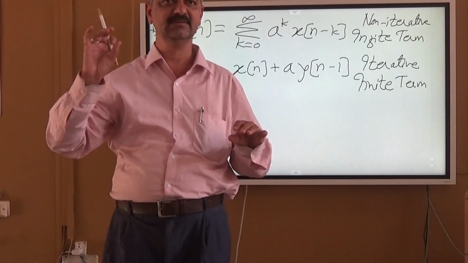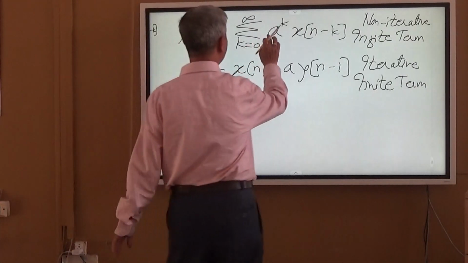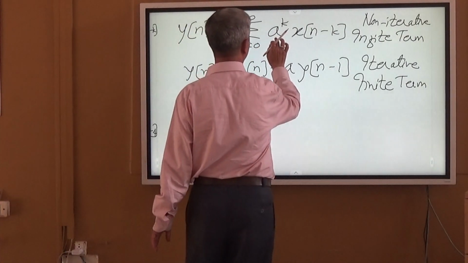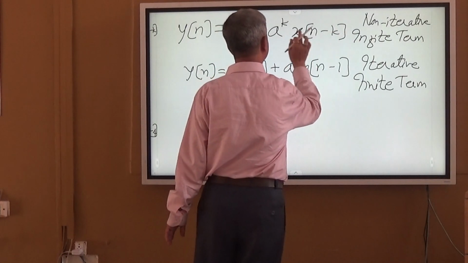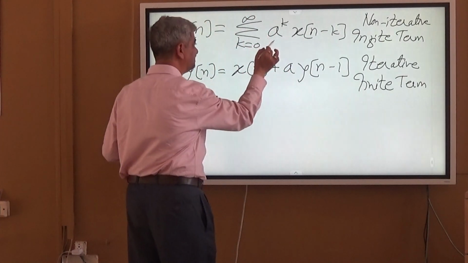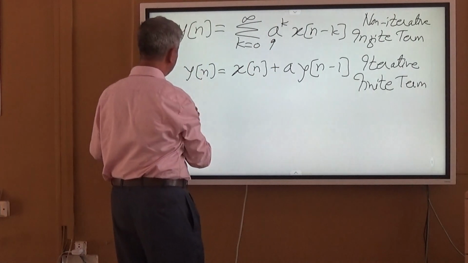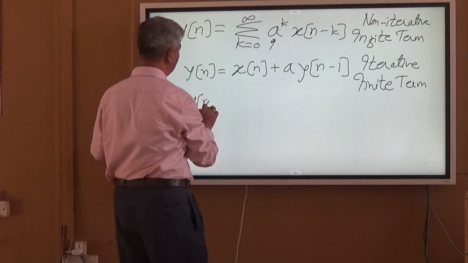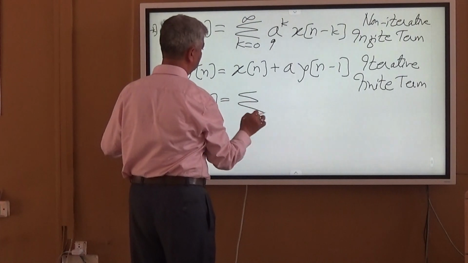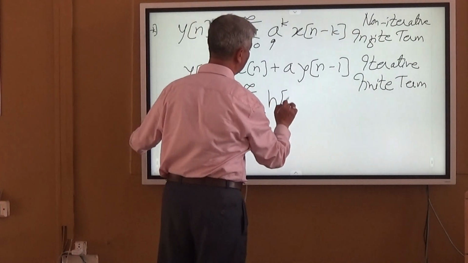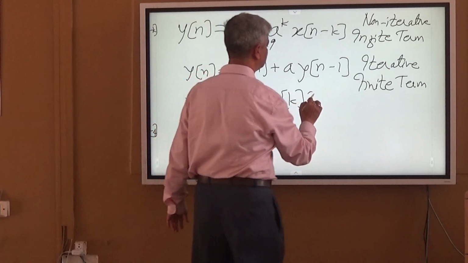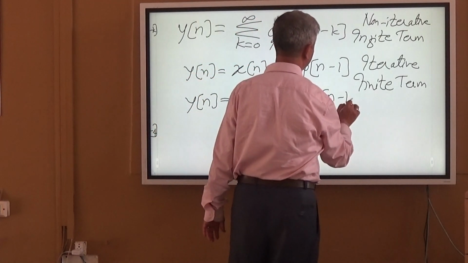x of n. Now this a raised to k is a coefficient. For each previous term the coefficient is different. So in this case it is a raised to k. So in general we can have y of n equal to the sum from k equals 0 to infinity of h k times x of n minus k.